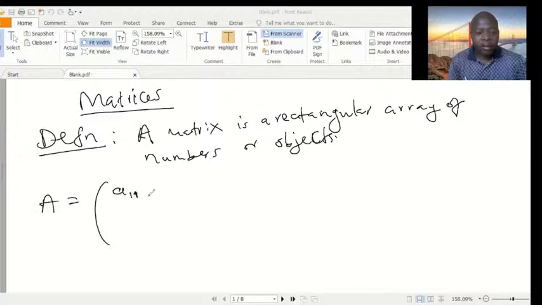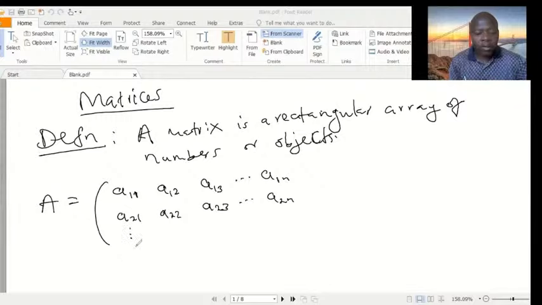A1,1, A1,2, A1,3, all the way up to A1n. So this is the first row. The second row we will have A21, A22, A23, all the way up to A2n. The third row will be the same way: we'll have A31, A32, and so on.